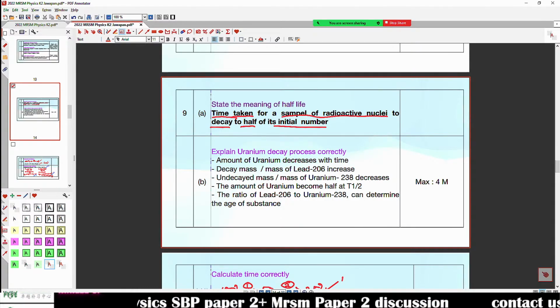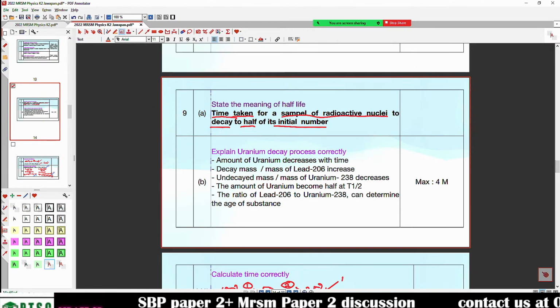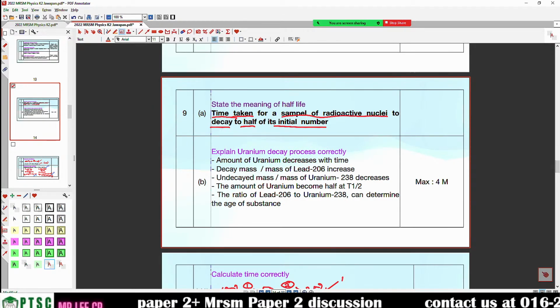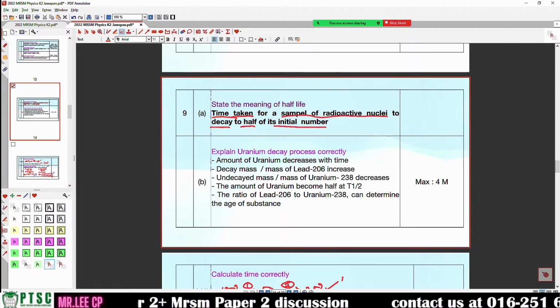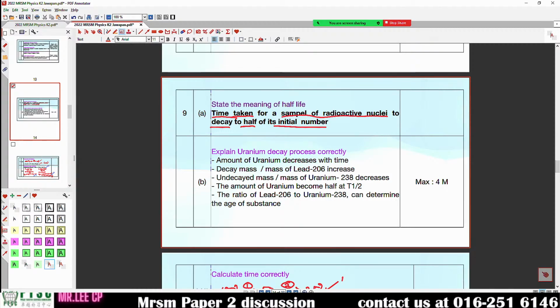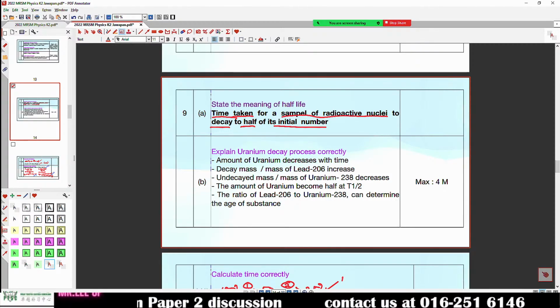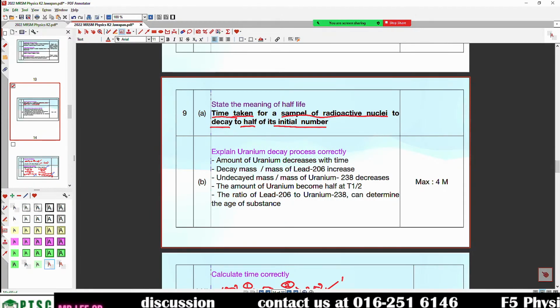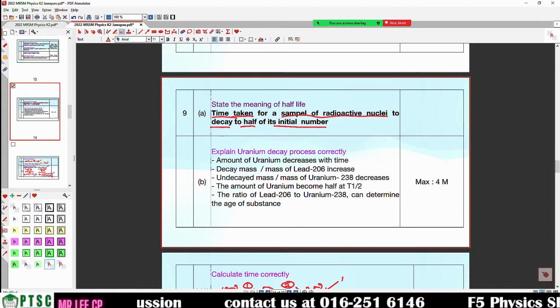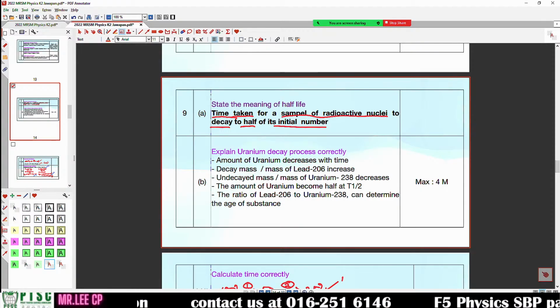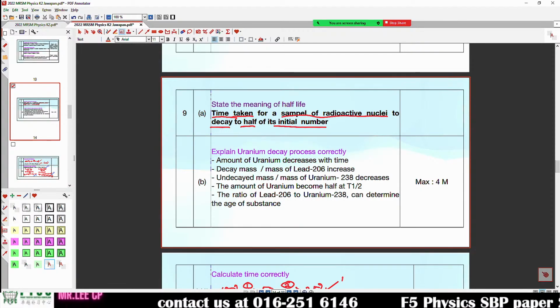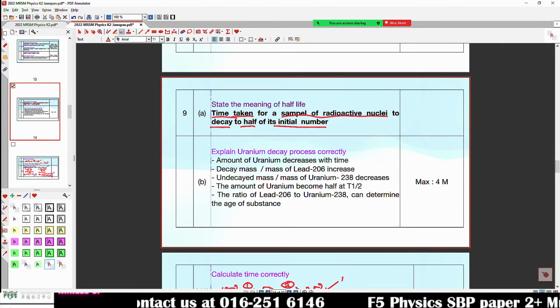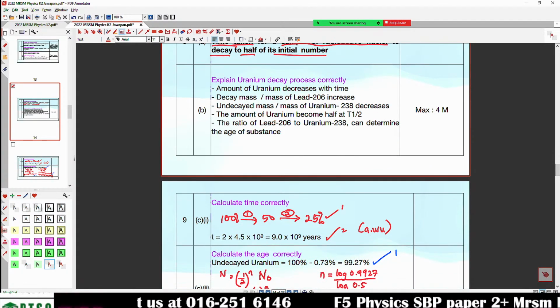So amount of the uranium becomes half at T half. I only got this one. The ratio of this one and this one can determine the age of the substance. I can get one mark at most. This one is difficult. The problem is you don't know what they want.